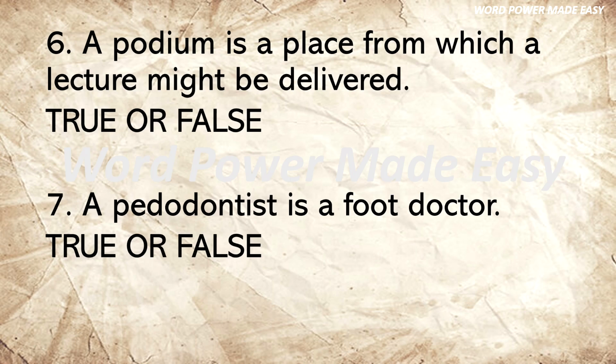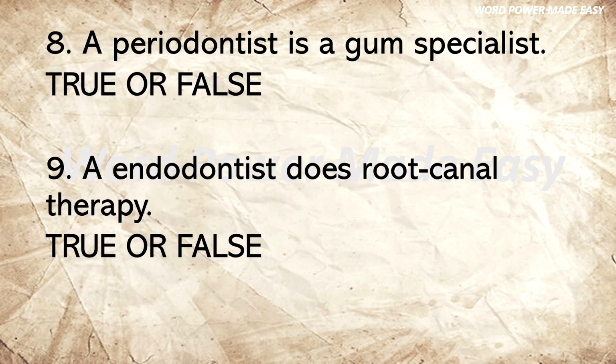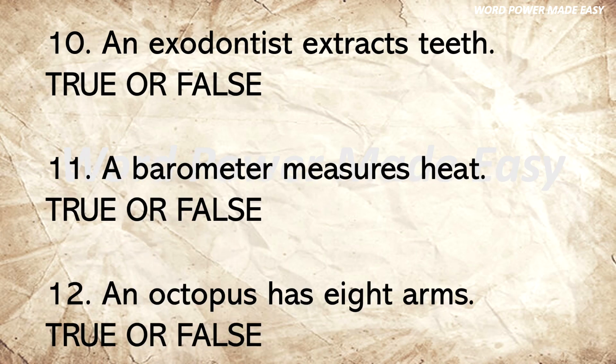8. A periodontist is a gum specialist. True or false? 9. An endodontist does root canal therapy. True or false? 10. An exodontist extracts teeth. True or false? 11. A barometer measures heat. True or false? 12. An octopus has 8 arms.